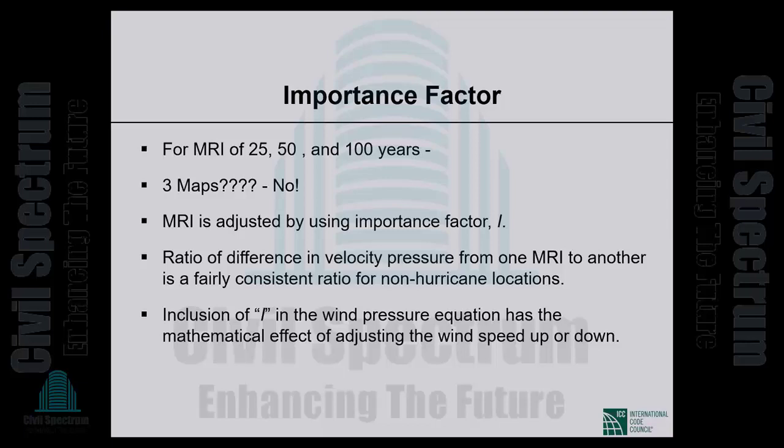Okay, so we have one wind speed map corresponding to a 50-year return period. When we need to use 100-year return period wind, we apply an importance factor of 1.15. When we need to go down to 25-year return period wind, we apply an importance factor of 0.87 or 0.77 as the case may be.